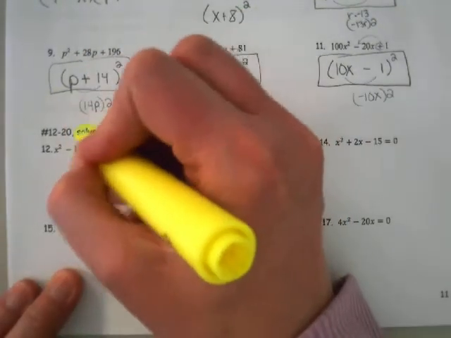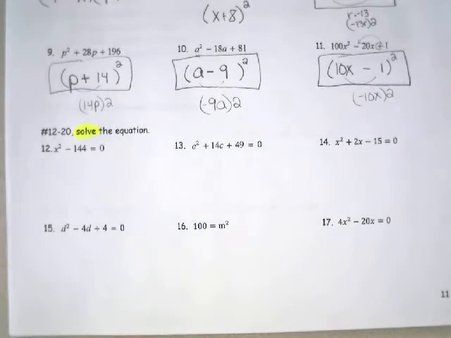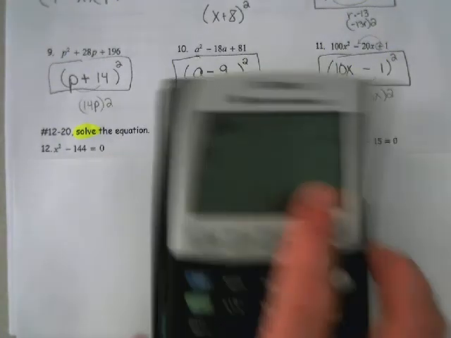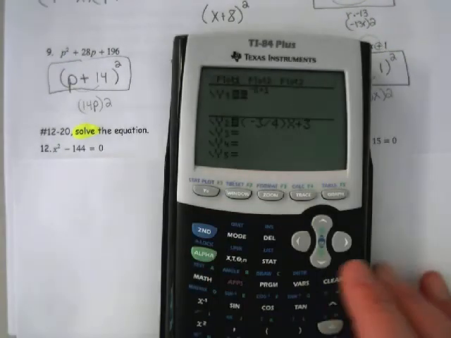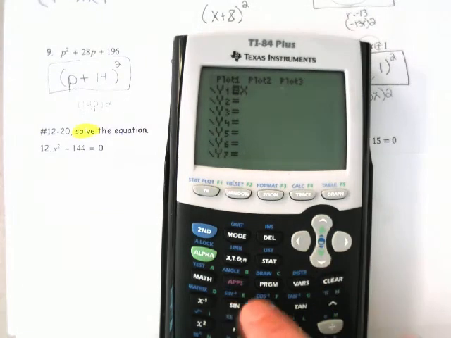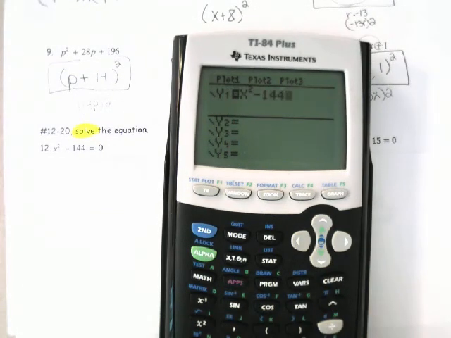Now, the last part of the lesson today is solving. When you hear the word solve, you are trying to figure out where this thing crosses the axis. If I was to look roughly at a graph, I could type this into my calculator. I could definitely go to y equals and type this in.